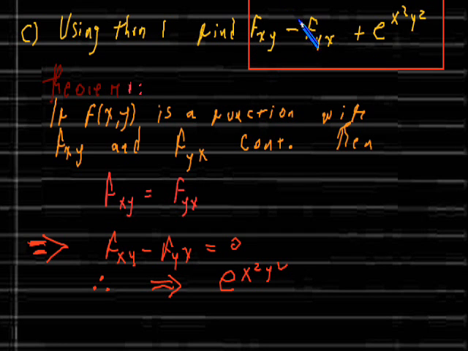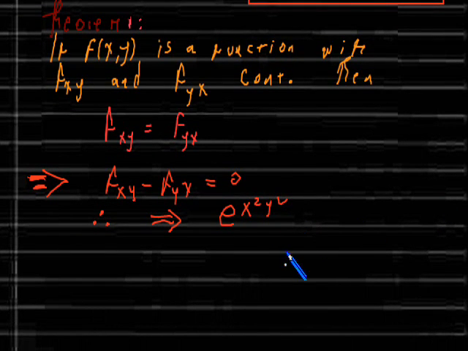Now, you could have gone to taking the partial of f in respect to x and then taking the partial of the resulting partial in respect to y, and subtracting from that the partial of f in respect to y, and then taking the resulting partial in respect to x, and you would have gotten that it was equal to 0, but you just had to use the theorem, and I just wanted to make sure that you knew that theorem, which is known as Clairaut's theorem, and that's it. So this is it, and that's the answer to the quiz. Thank you for listening.